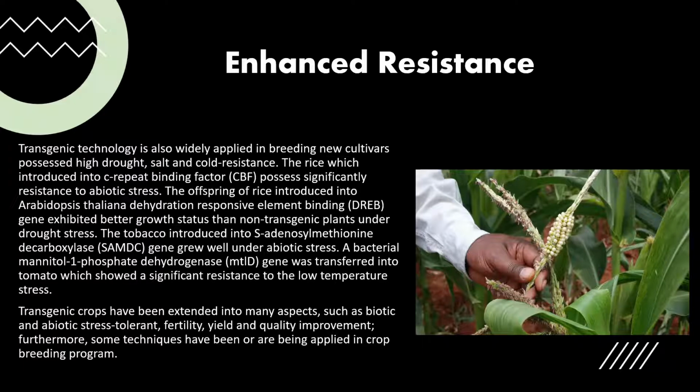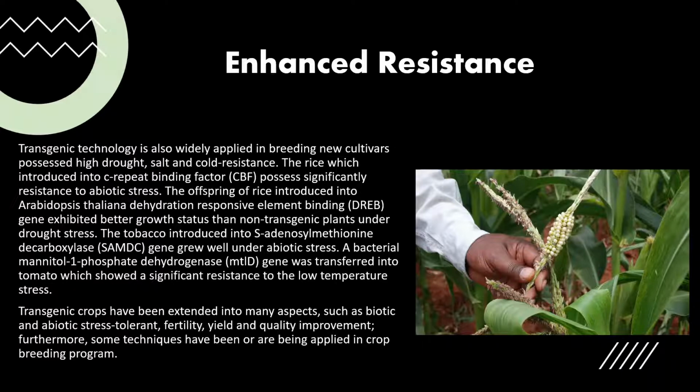The tobacco introduced with the S-adenosyl methionine decarboxylase SAMDC gene grew well under abiotic stress. A bacterial mannitol 1-phosphate dehydrogenase gene was transferred into tomato, which showed a significant resistance to low temperature stress.